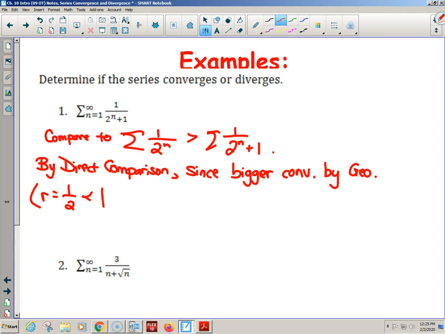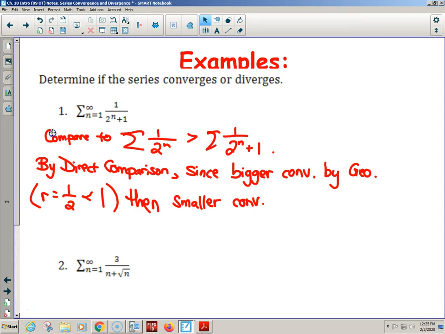That's P. BC, right? BC, since the bigger converges. You realize why I'm being cryptic, but does that make sense? Since this one is bigger, and since the bigger converges, and I put a little quick then smaller.